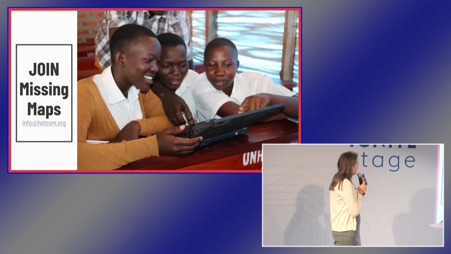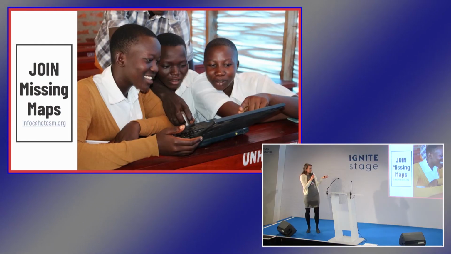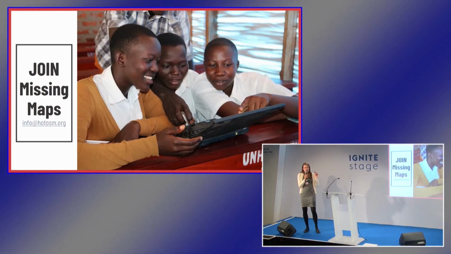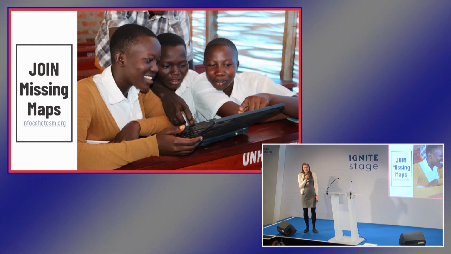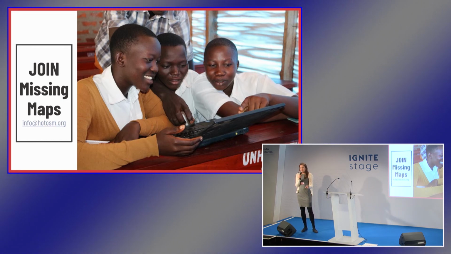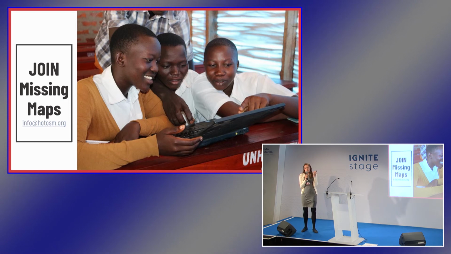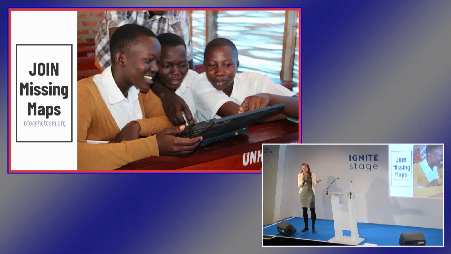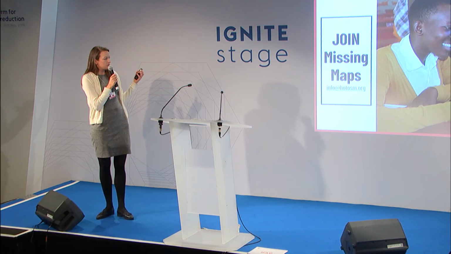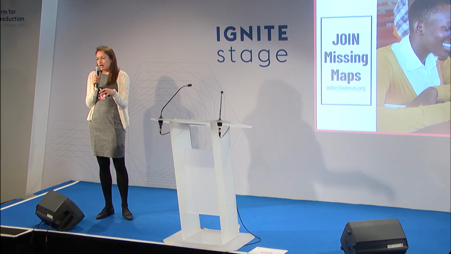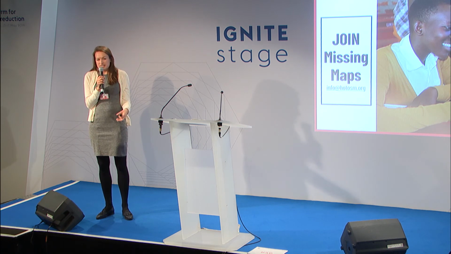And then finally, just to talk about Missing Maps for a second, we have a booth just there. So if you want to talk to anyone in more detail, Missing Maps is this big collaborative project where we're trying to share all of this information. So you can use the existing maps, you can request us to make new maps, you can join the partnership and learn to embed this stuff more concretely in your organization.